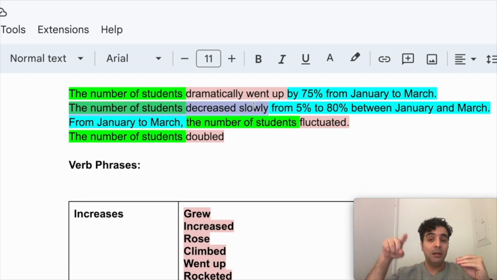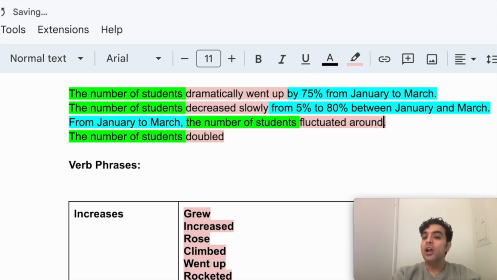If it goes up, that's an increase accompanied by fluctuation. If it goes down, that's a decrease accompanied by fluctuation. We are describing a fluctuation that happens around a central point. And so what you're going to do is you're going to use the preposition around, right?